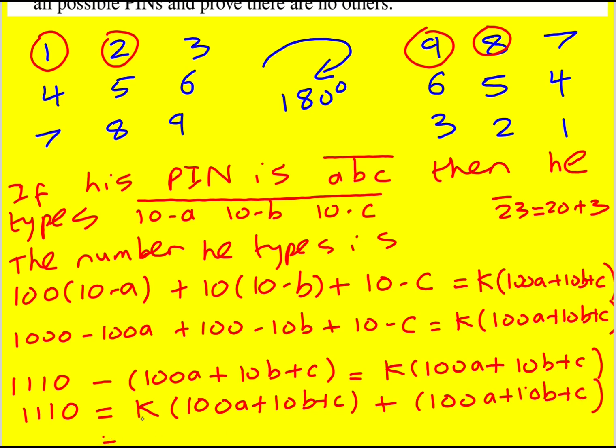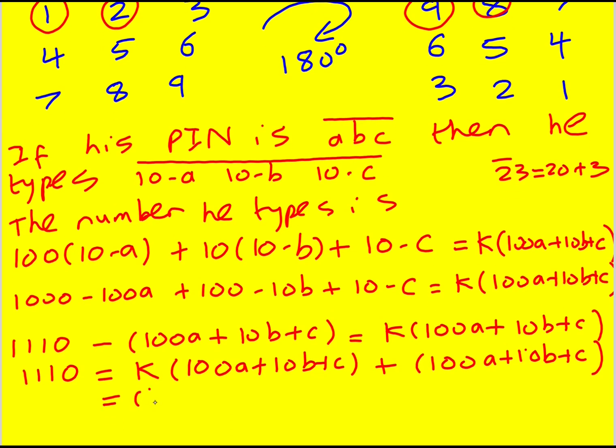And then factorize that out. So I'm going to get K plus 1 times 100A plus 10B plus C.